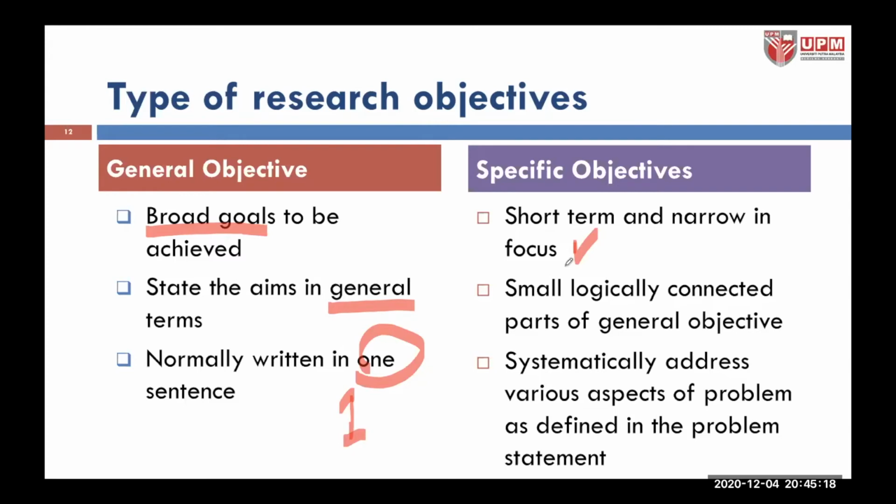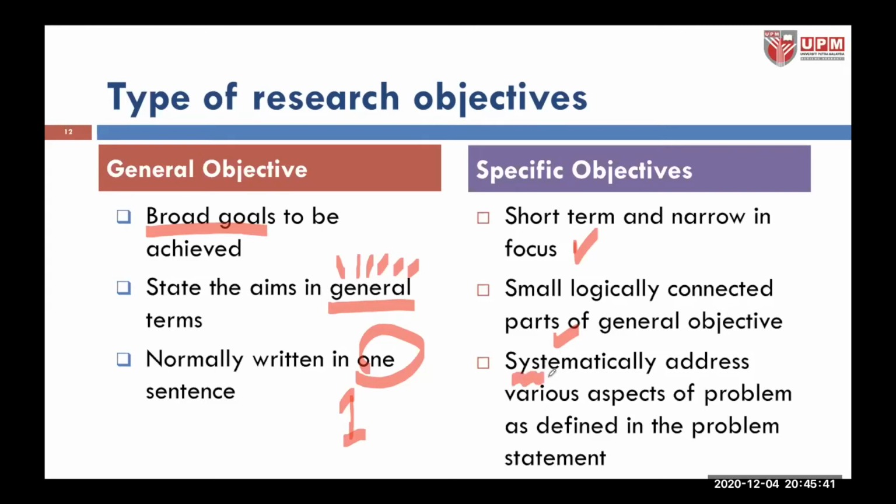It is a very focused and small, logically connected part of the general objective, meaning that it is actually an elaboration of the general objective. We have the general objective, and the specific objective tries to give more details, right?